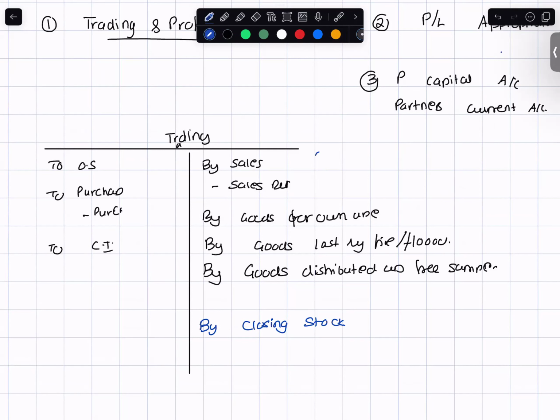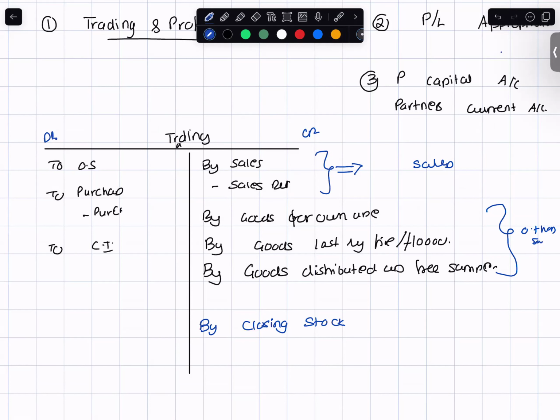So this is goods going out of the godown for sale. This is goods going out of the godown for other than sales. So anything that is going out of your godown is recorded on which side? On the trading account credit side.